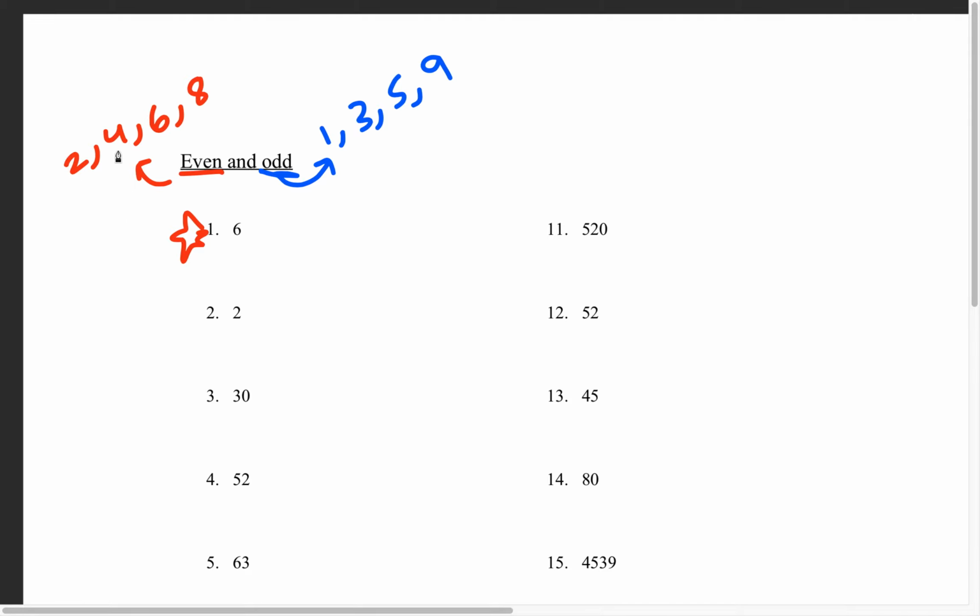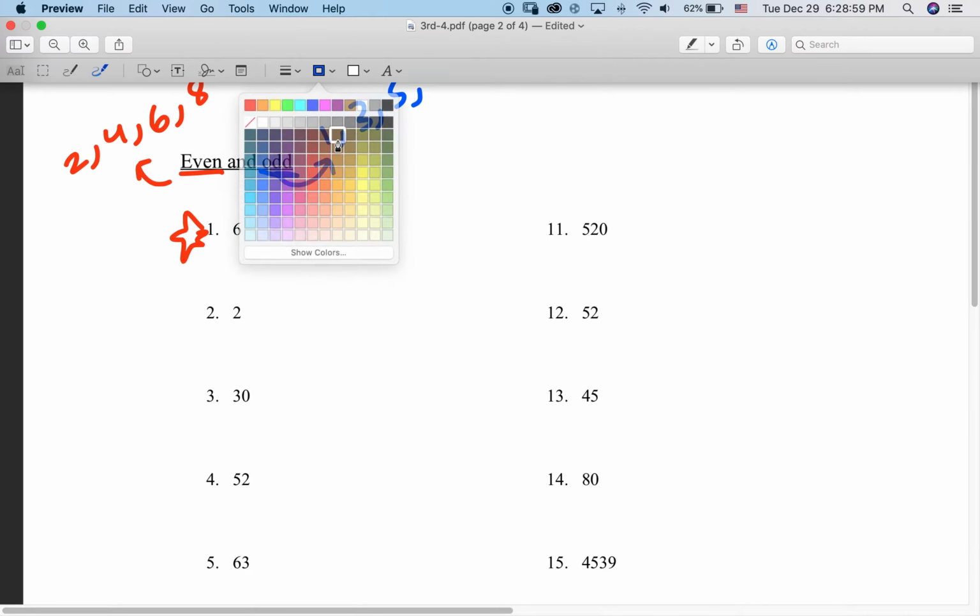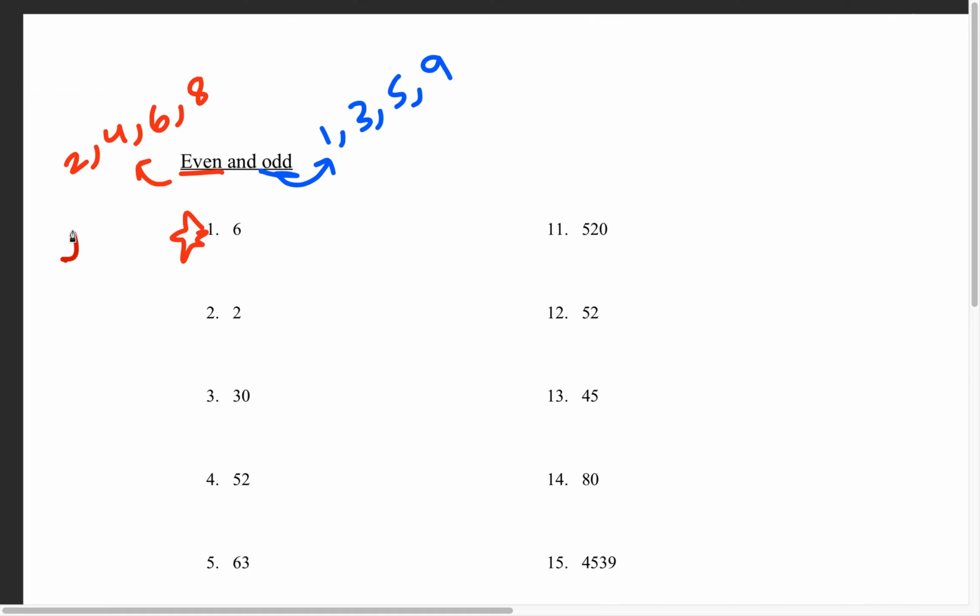To make them easier to understand, actually even numbers, if you divide them by 2, it's always going to be a whole number. So let's say like 120, if you divide by 2, which is 60. Or if you divide 432 by 2, that's going to be 6, I believe.